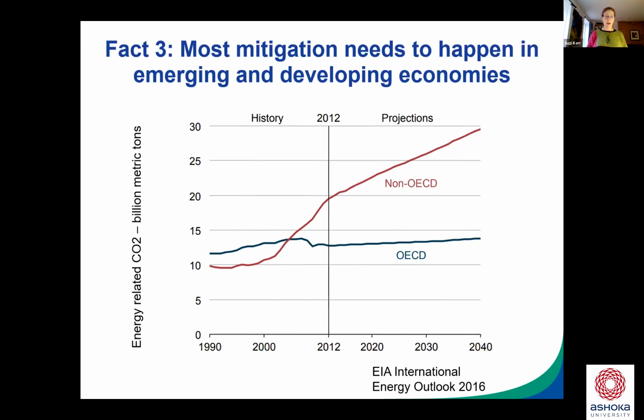This is some energy-related CO2 emissions, which is a large fraction of global emissions. And essentially it's showing that more than 70% of reductions are going to happen outside of the OECD, because 70% of the emissions are going to be outside of the OECD. And so we need to shift our focus really to making sure that we're able to do that effectively, as you all are focused on.